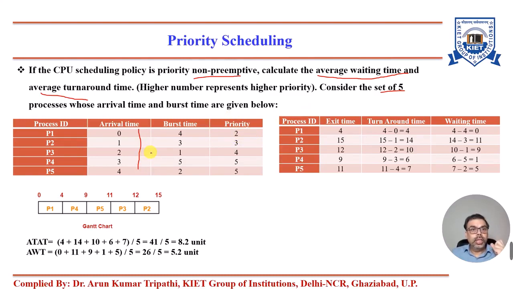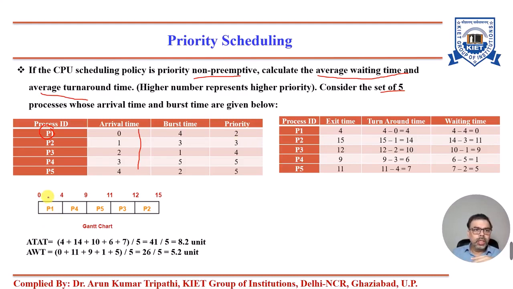Here, firstly, we have to draw the Gantt chart. At time 0, there is only one process, that is P1. Since there is no other process in the ready queue, it will get executed, and it is non-preemptive, meaning until the process P1 completes, no one can snatch the processor from P1.